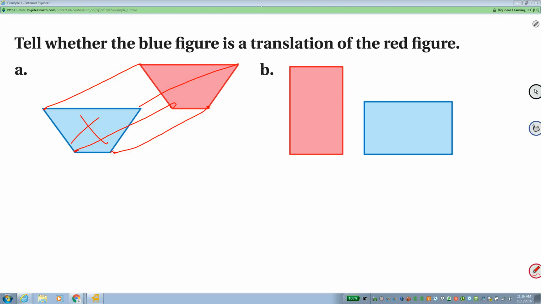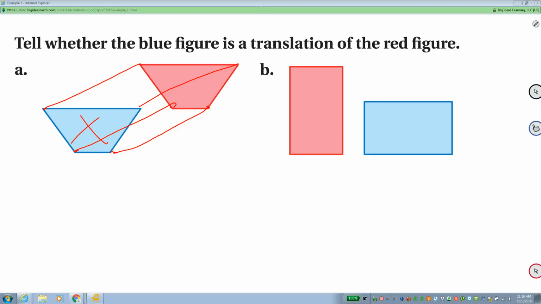What about figure B then? Jacob? Okay, Hunter? Why? Yeah, they actually flip the shape or turn it onto its side. So it's not slid. Remember, it has to stay exactly as the original image.